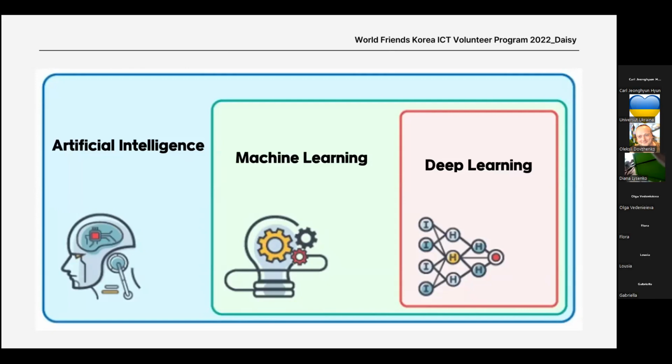Looking at each of these definitions, AI is technology that implements human intellectual abilities such as thinking and learning to computers. And machine learning is a technology method in which computers learn on their own to improve the performance of artificial intelligence.